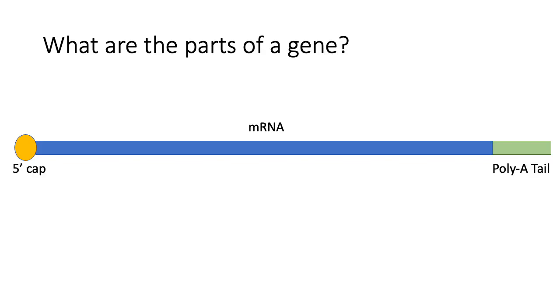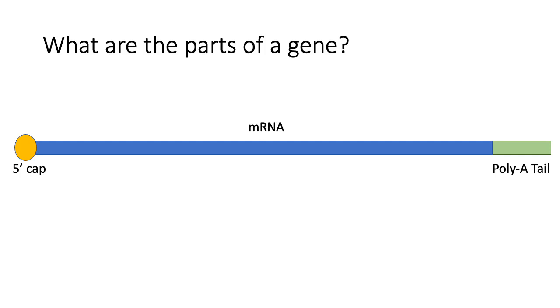Okay, so we know that protein is made off of mRNA, and we know that the mRNA is made from DNA as a result of transcription. And we know that in eukaryotes, mRNA consists of a string of RNA nucleotides that's got a 5' guanine cap, and that guanine is attached backwards and methylated.